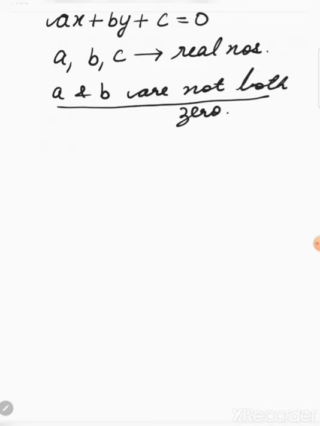A and b are not both 0 means that they are not both 0 simultaneously. That is, any one of them can be 0.